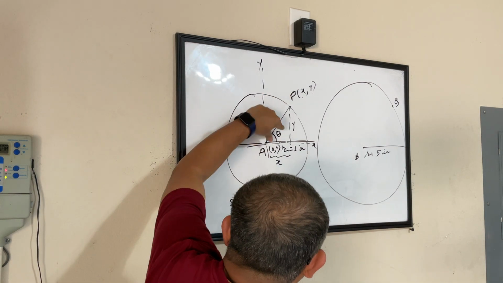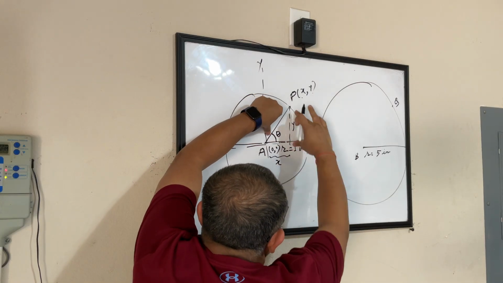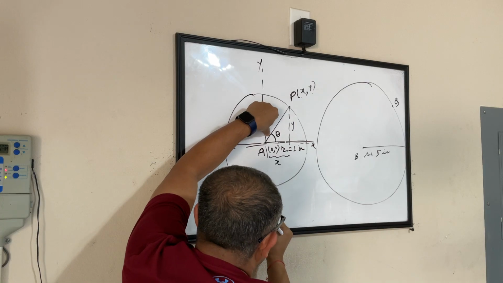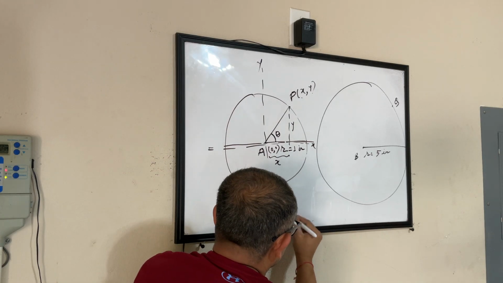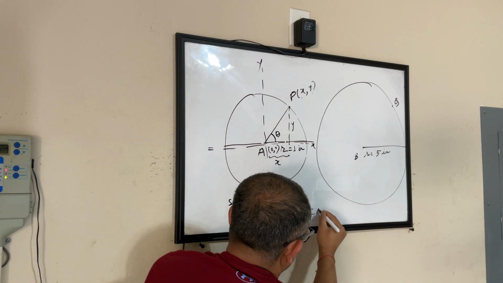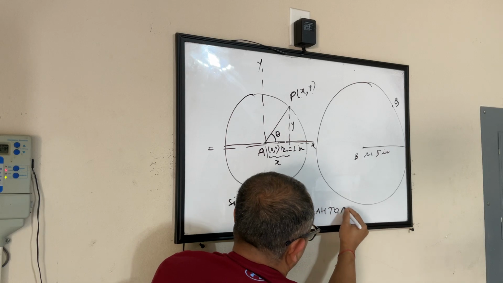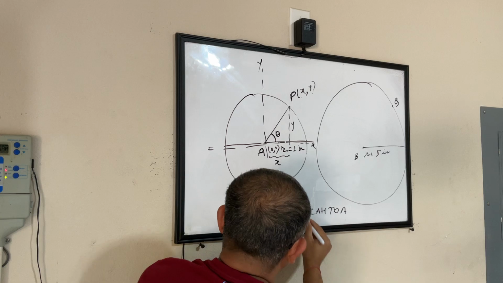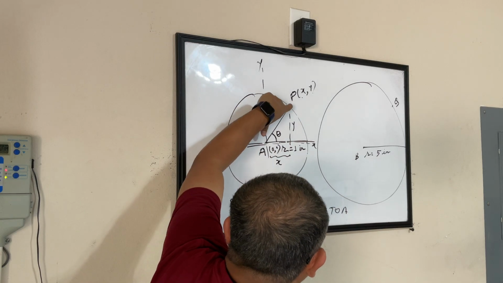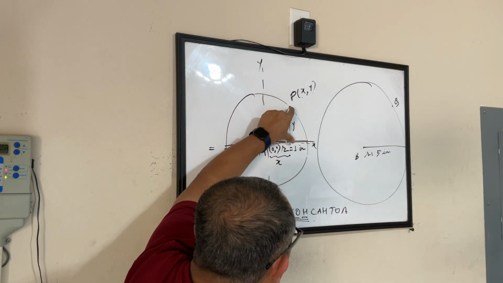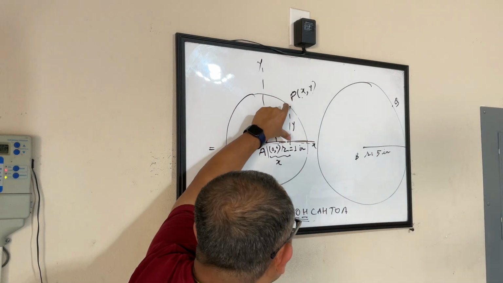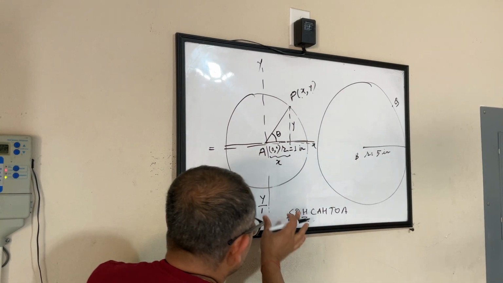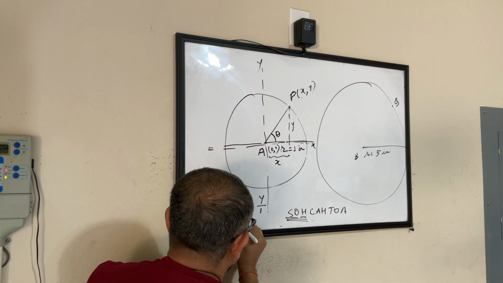So sin theta, in this case, will be y divided by the hypotenuse, which is 1. So if you remember, sine is opposite side divided by hypotenuse. My opposite side is y, this is my y coordinate, and the hypotenuse is 1. What did we get? My y equals sin theta here.